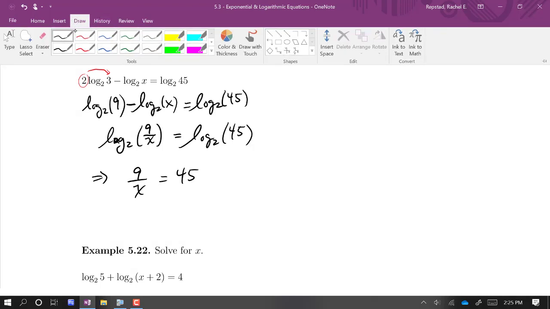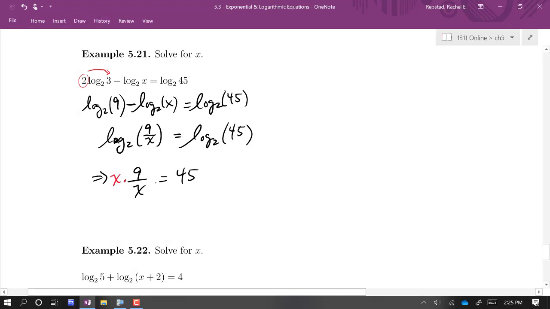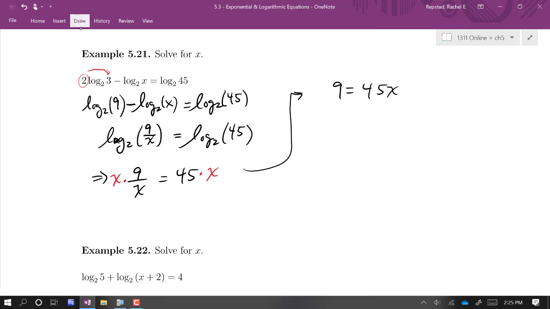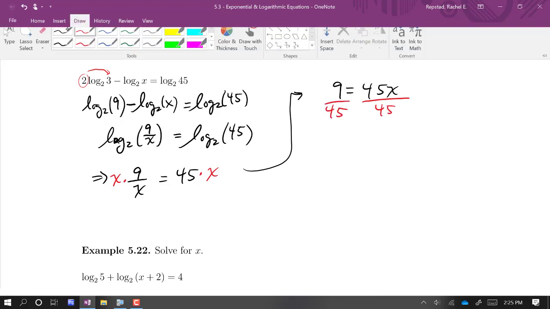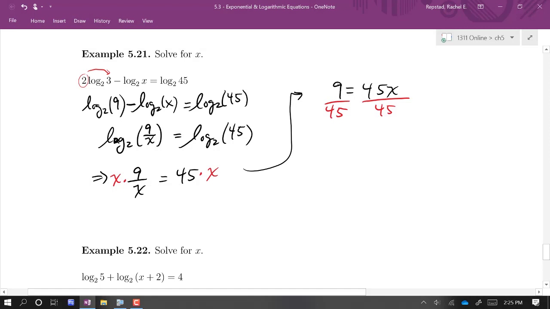And now we're almost done. Let's multiply both sides by x to get it out of the denominator. So 9 is 45x. And now it's all over but the shouting. Divide by 45. So we get 9 over 45, that's 1/5, is equal to x.